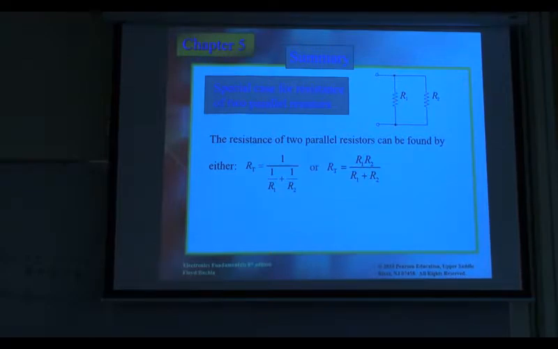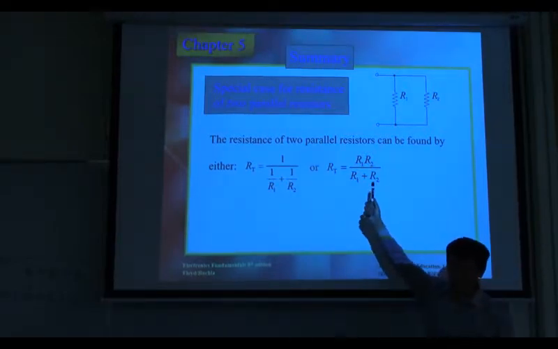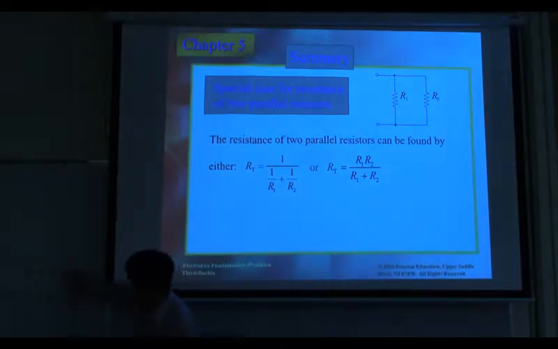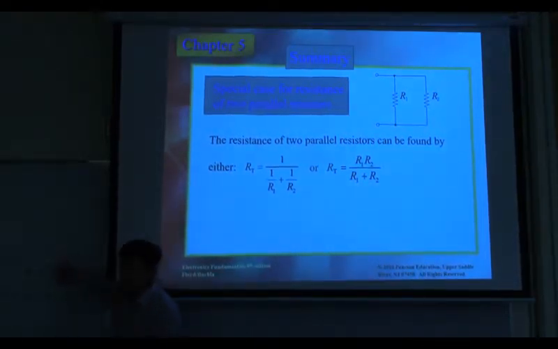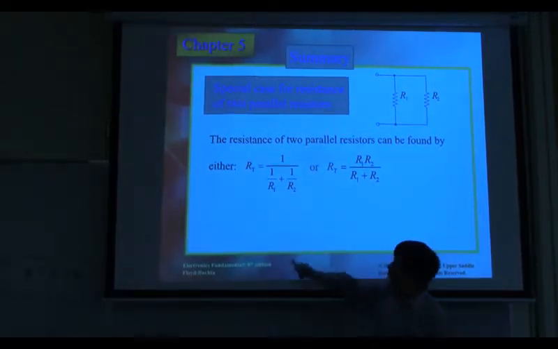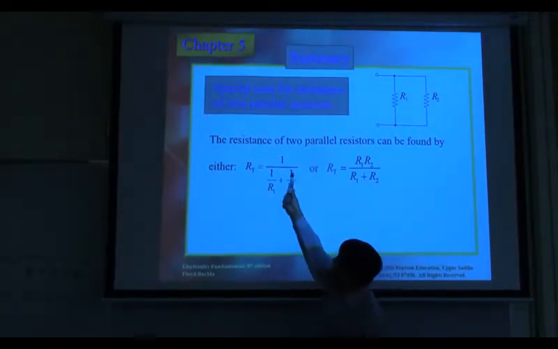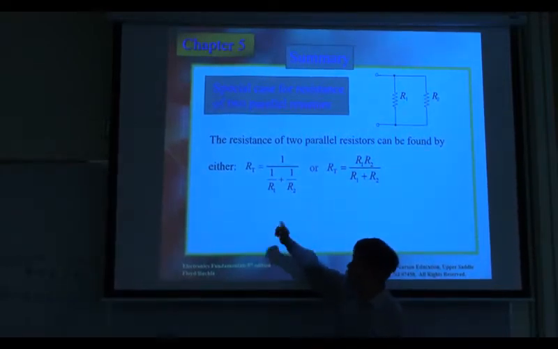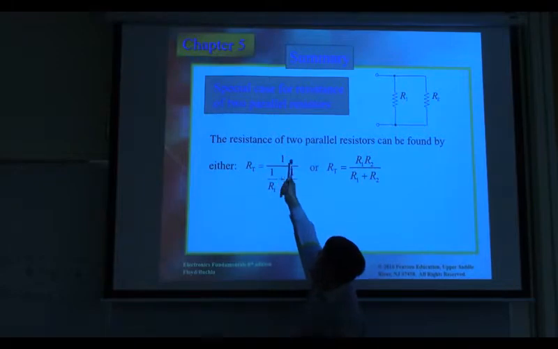A special case is if we have only two in parallel. That is very common, so that's why we have a special formula for this. This formula is derived from here. We have only two, so we have 1 over these two added together. We multiply the top and the bottom by R1 R2. On the top, that will be R1 times R2.